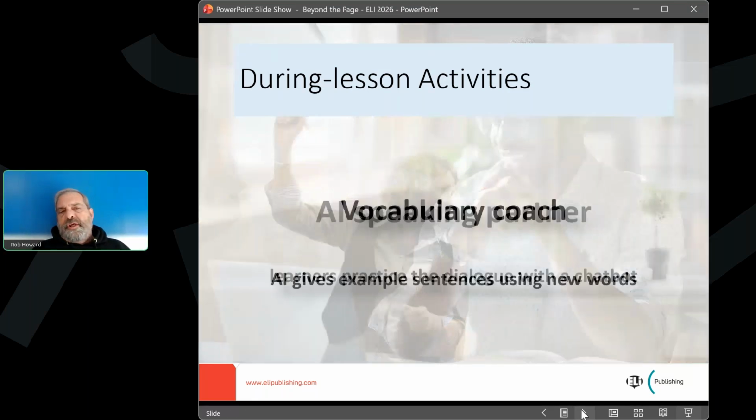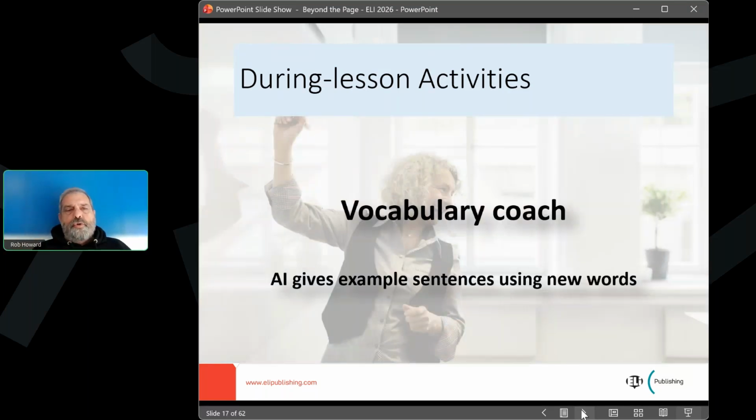You can use these as a vocabulary coach. For instance, AI gives example sentences for new words. You know, this really is brilliant. It's nothing different than in the old days if you handed them a dictionary. If you looked up a word in a good dictionary, I used Merriam-Webster's, I grew up with that, there are always some sample sentences.